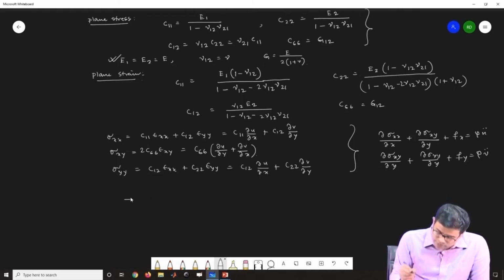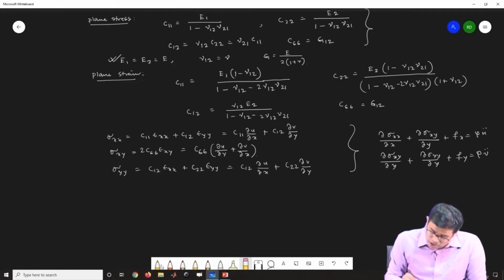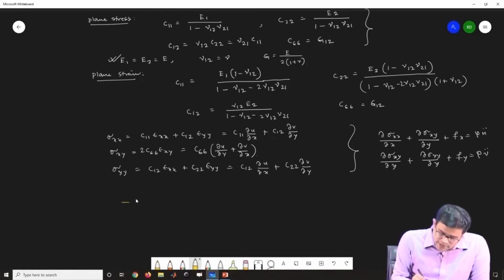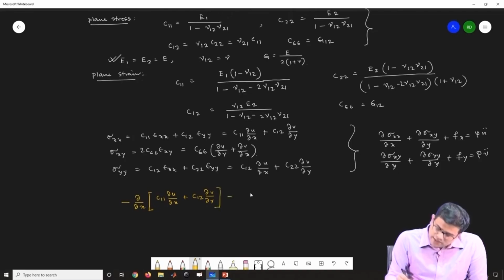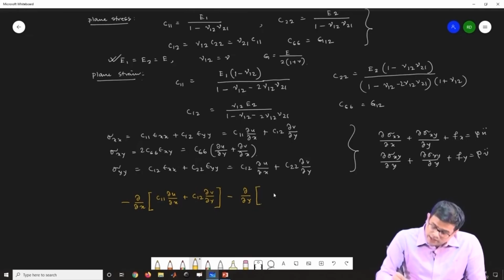So now this equation leads to a simple thing. I will just write it in a proper way, that is minus del x into this equation, that is C11 del u del x plus C12 del v del y, minus del y into sigma xy, that is C66 into del u del y plus del v del x.